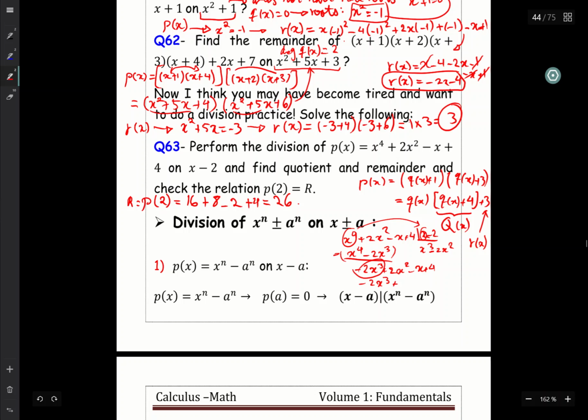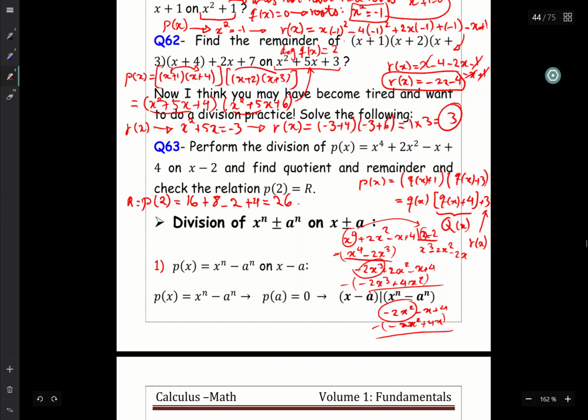Minus 2x cubed plus 4x squared, and then again we're subtracting, so minus 2x squared minus x plus 4, and again there is a negative 2x, minus 2x squared plus 4x, and again we're subtracting.